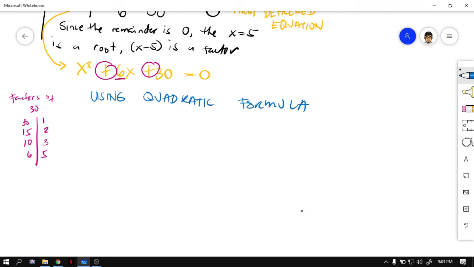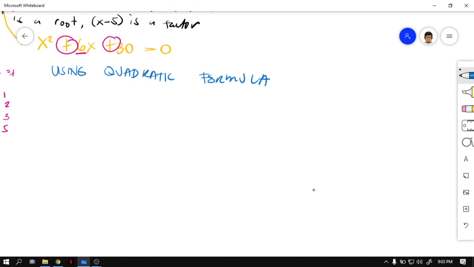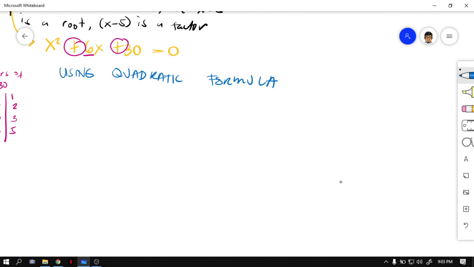Okay, yun yung quadratic formula natin. Kung gagamitin natin siya ng quadratic formula, x is equal to negative b plus minus square root of b squared minus 4ac over 2a. In which, okay, ang given natin ay x squared plus 6x plus 30 is equal to 0.